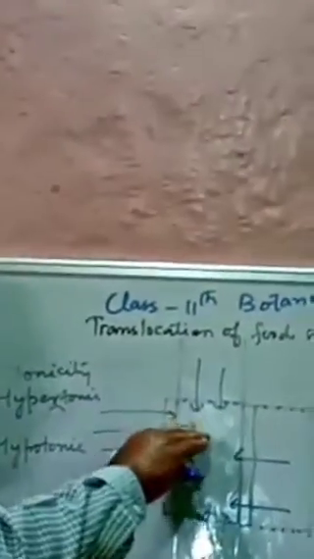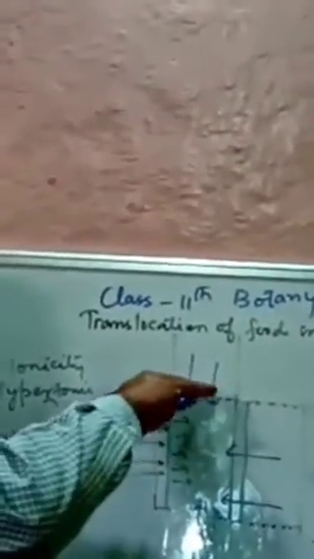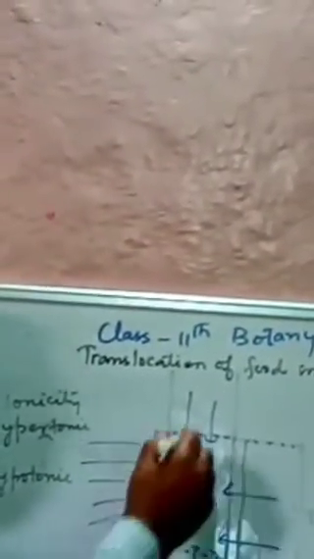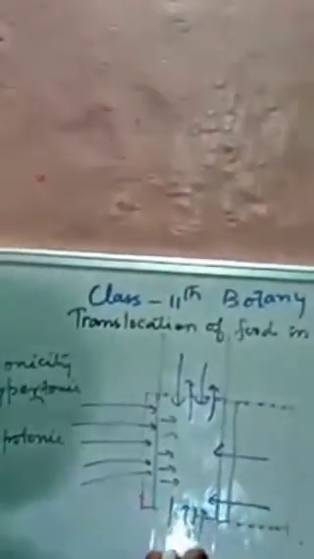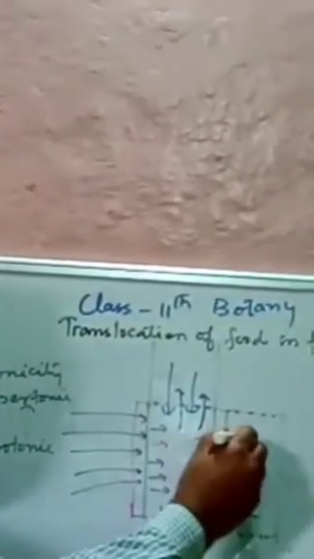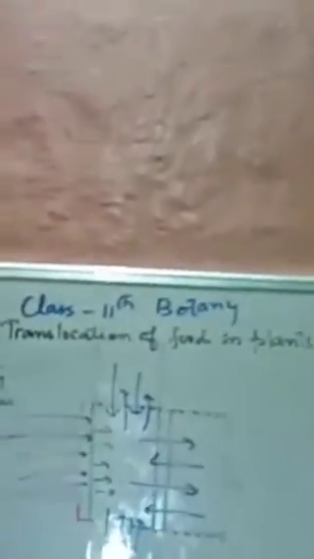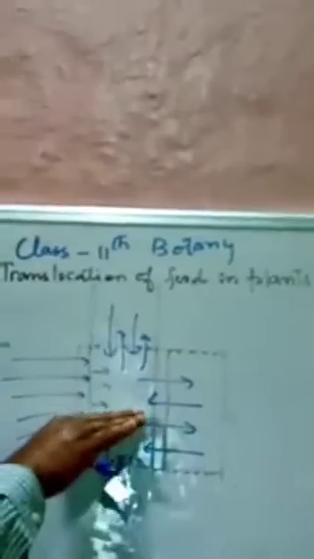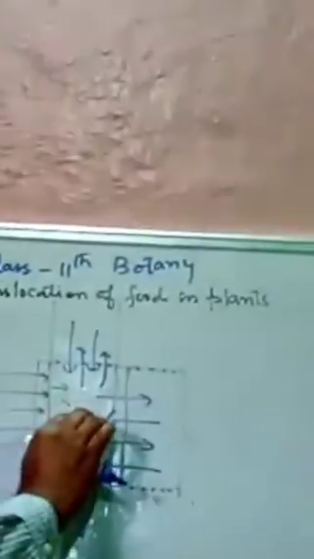A pressure develops in it. This pressure becomes so high that the food gets passed on to this cell, then to this cell, then to this cell, then to this cell. So what we will see in its translocation is that when this cell becomes hypertonic due to the movement of sucrose into it, the adjacent cells are hypotonic.